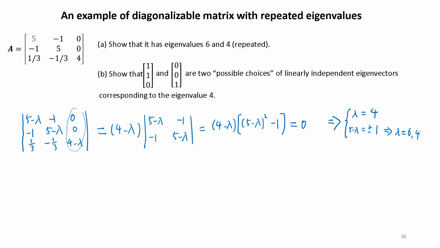So 4 appears twice, so this is the repeated eigenvalue. So then let's put lambda equals 4 back into the system. This time, let me just use the augmented matrix notation. So that's 5 minus 4, minus 1.